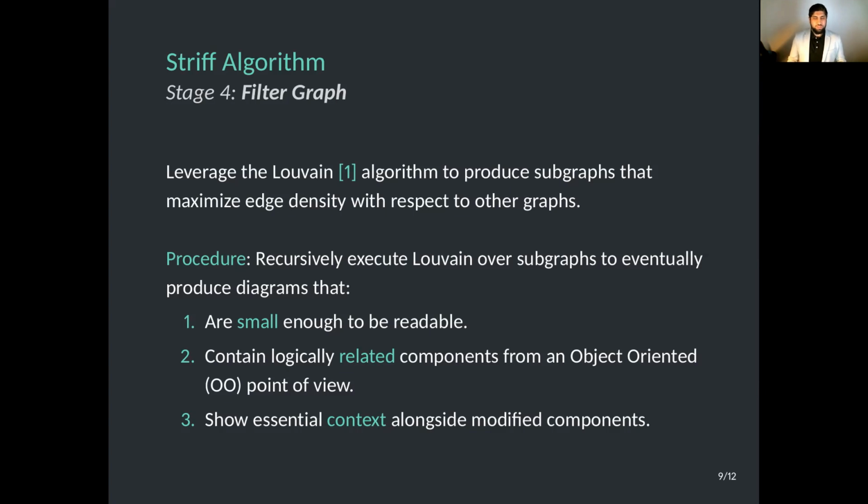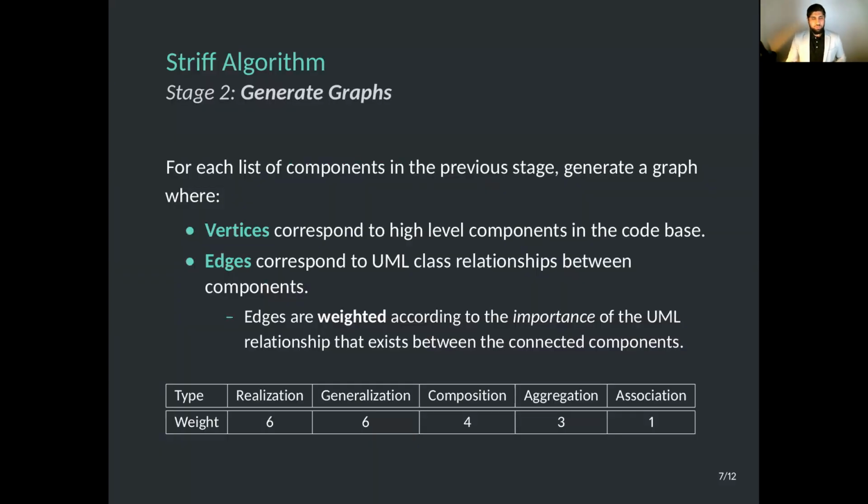The reason this is the case is because of the weighting scheme we used initially. Because we're weighing different edges according to the UML class relationships they represent, you can imagine this graph with vertices that correspond to components and edges that are weighed according to the importance of the relationship between those two components in the original code base.